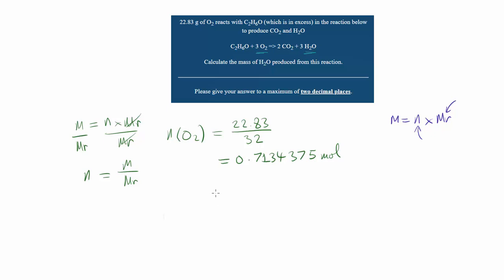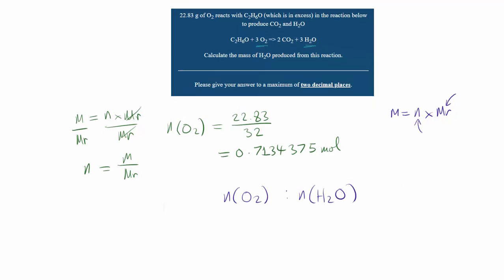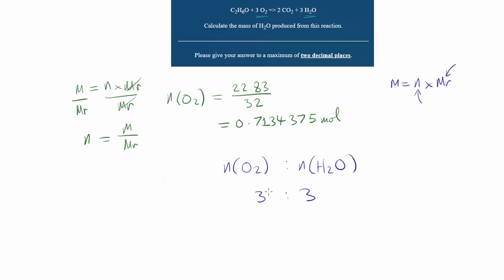Well, if we put together a comparison, the moles of O2 as a ratio compared to the moles of H₂O, what would we effectively write for that? Well, the coefficient in both cases is a 3, so 3 O2 and 3 H₂O. So it would be a 3 to 3 ratio. And if we divide both sides by 3, you get a 1 to 1.